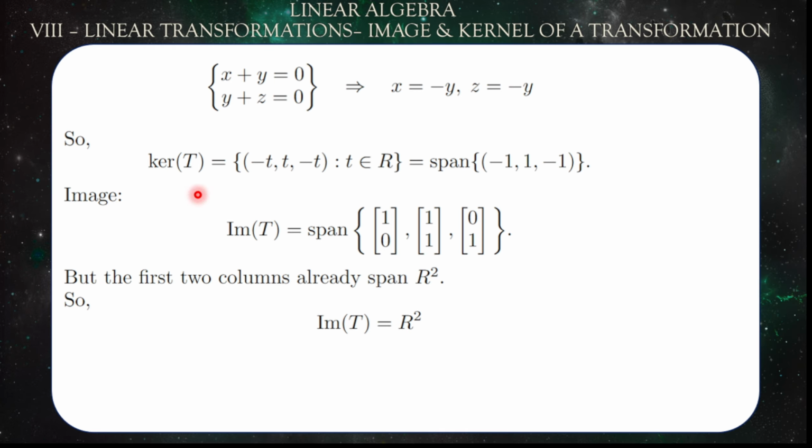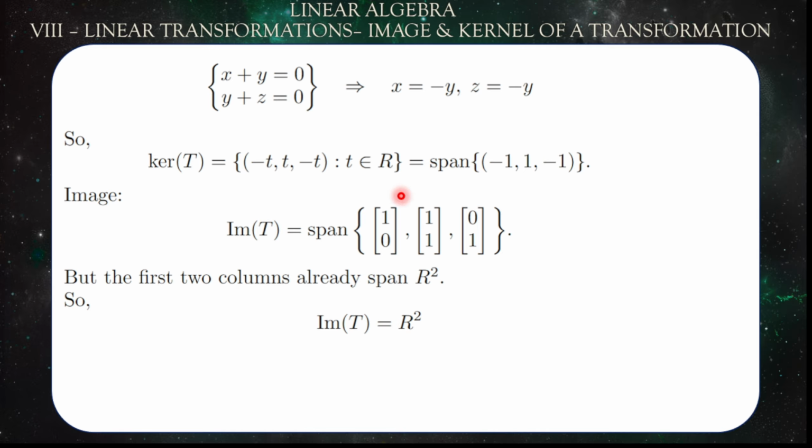Now, as for the image, you go back to the matrix and pull up the different columns. It is the span of 1, 0, 1, 1, and 0, 1. That's the image of T, but the first 2 columns already span R2. So 1, 1 does not count. Why? Because 1, 1 is a combination of the first column added to the third column, so it cannot be counted in.